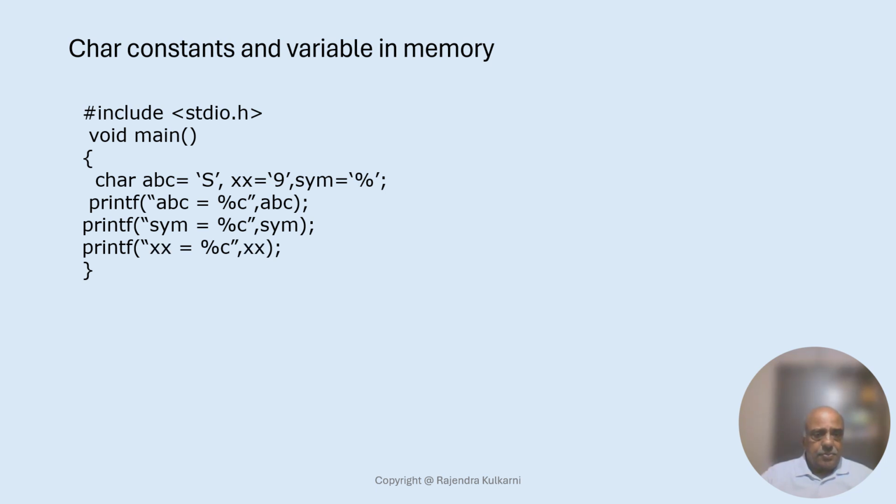This will dump the value held by the variable named after the comma onto the screen. This is the screenshot of the output screen: ABC is equal to S, sim is equal to %, XS is equal to 9. Please ignore this underscore.